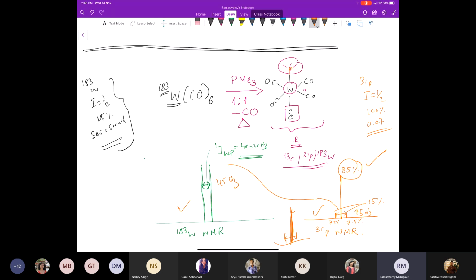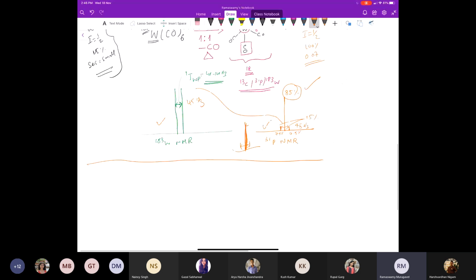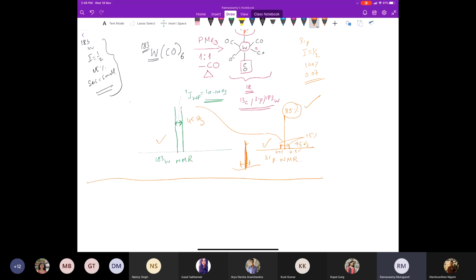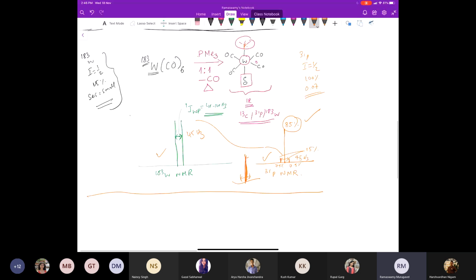Is this clear? If it is so, now we'll increase the complexity of the problem a bit more. This is a simple example. There's no interpretative value. But now I'm increasing this reaction to two equivalents.